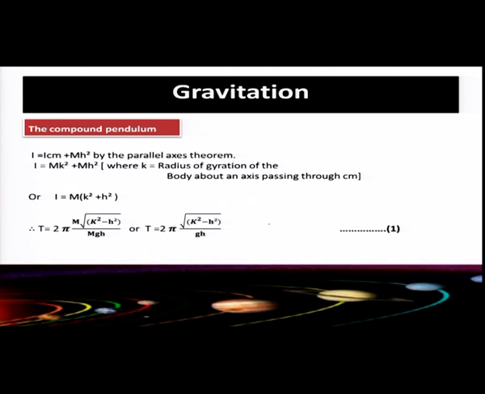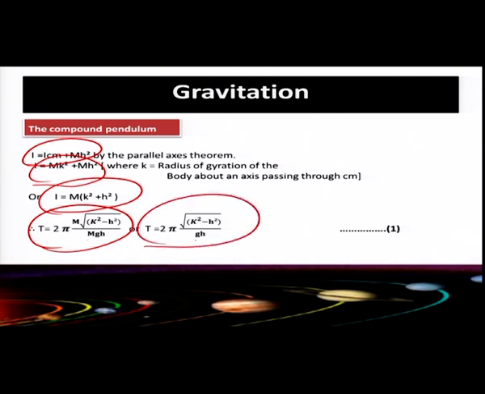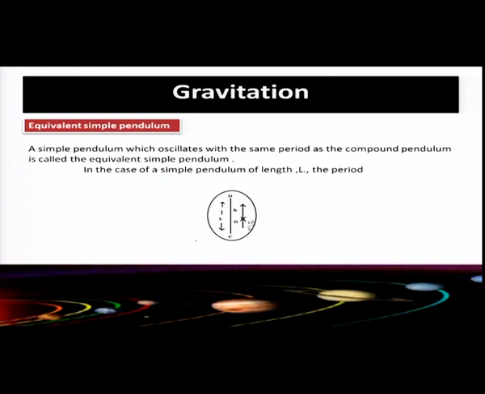According to it, I is equal to I CM plus mh squared, so I is equal to mk squared plus mh squared, where k is the radius of gyration of the body about an axis passing through the center of mass. Since I is equal to m into k squared plus h squared, substituting in the time period I get T is equal to 2 pi root of k squared plus h squared by gh.